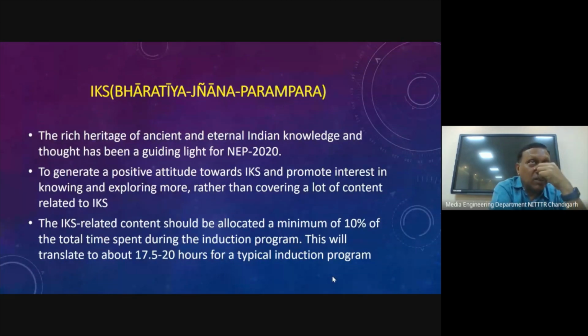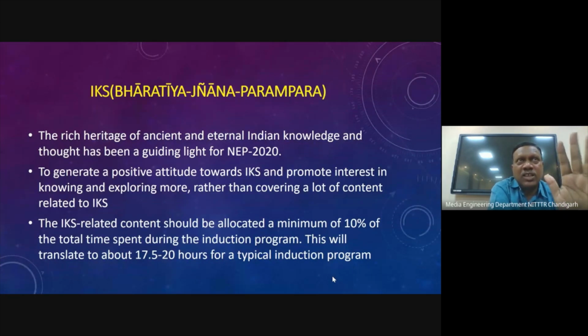We want our faculty members to get to know the ancient, eternal Indian knowledge systems, get trained in that, start practicing that, and also give information to the students. So this IKS is now more emphasized for faculty training.